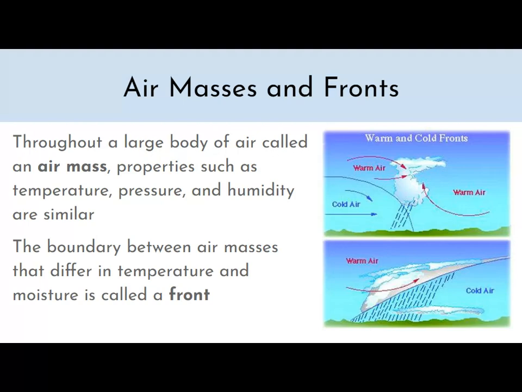And if the warm part is moving toward you, that is called a warm front. And if the cold part of it is moving toward you, that is called a cold front. So it's just where those air masses combine. And it's not all just temperature and pressure. I mean, a lot of it is temperature and pressure, but humidity, like I said, has a big role in it as well. Mostly because, like I said, the hotter the air, the more water it can hold.